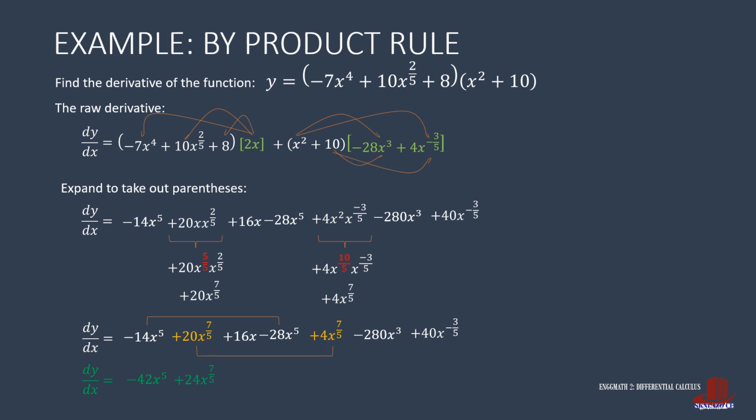There are also two terms with x raised to 7/5, and their coefficients are 20 plus 4, resulting in 24x raised to 7/5. The rest of the terms are just copied. They are 16x minus 280x cubed plus 40x raised to negative 3/5. This is the final derivative.